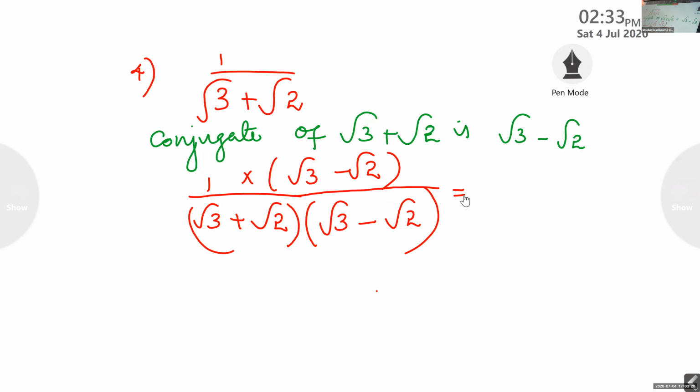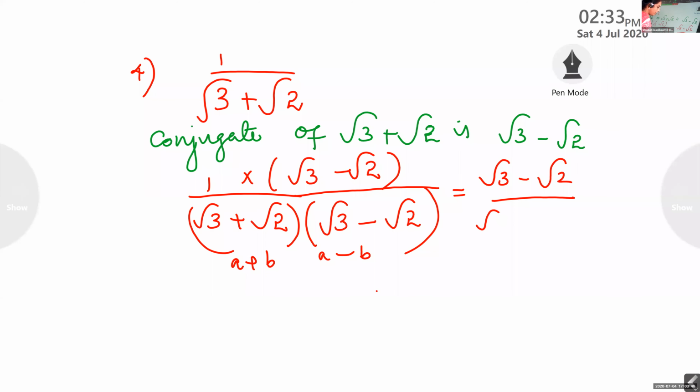Surya, listen. 1 into root 3 minus root 2, you will get root 3 minus root 2 itself. But look at the denominator. The denominator is a plus b into a minus b, right? What is that? a square minus b square.